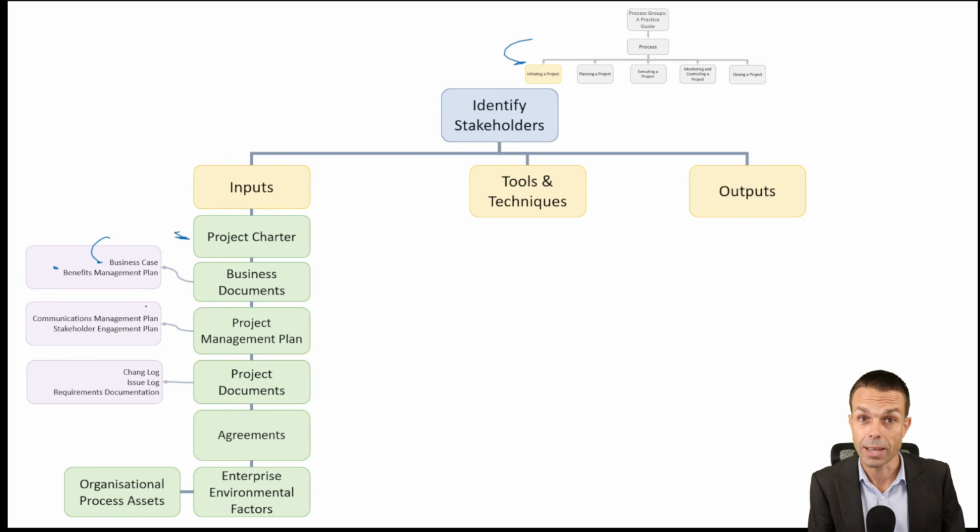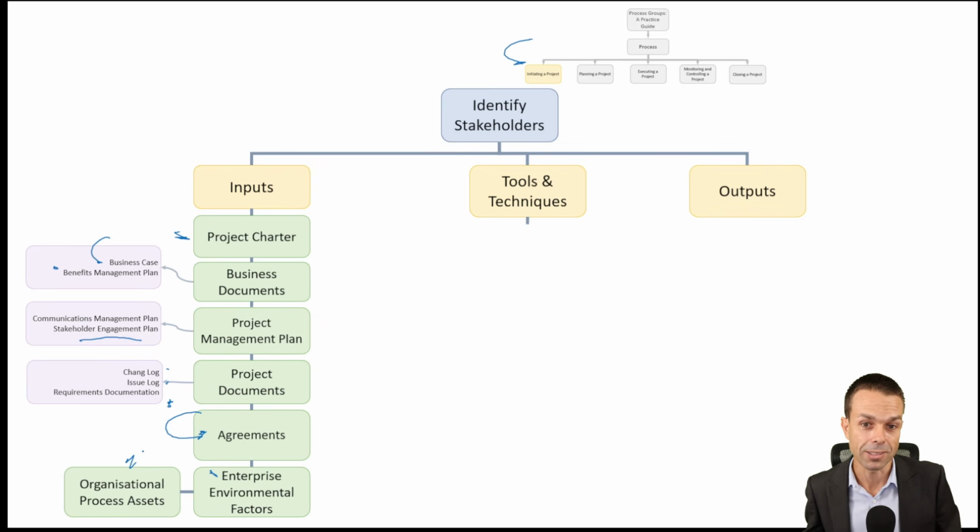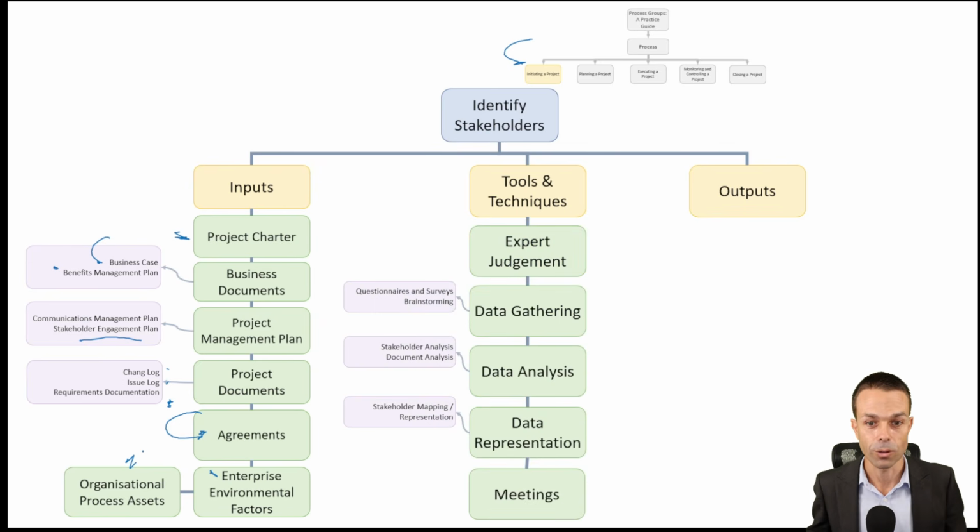We might need the communications management plan, stakeholder engagement plan. All of this will have ideas of the stakeholders that we're working with. And project documents, change log, issue log, requirements documentation, all of this will give us stakeholder ideas. Any prior agreements within the organization, and of course the environment and any templates that are already existing for identifying stakeholders.